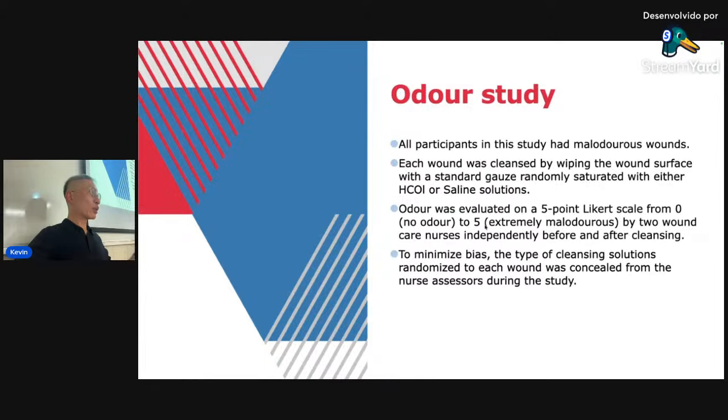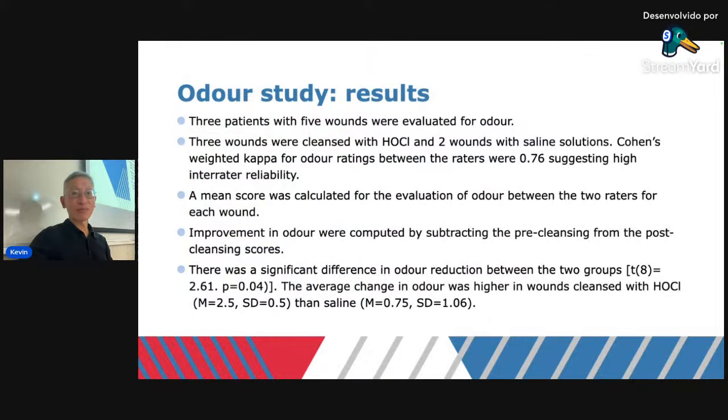We did a pre and post cleansing odor evaluation by the 2 nurses independently, and they were all blinded to the type of wound. We included 3 patients with 5 different wounds: 3 wounds cleansed with hypochlorous acid and 2 wounds cleansed with saline.